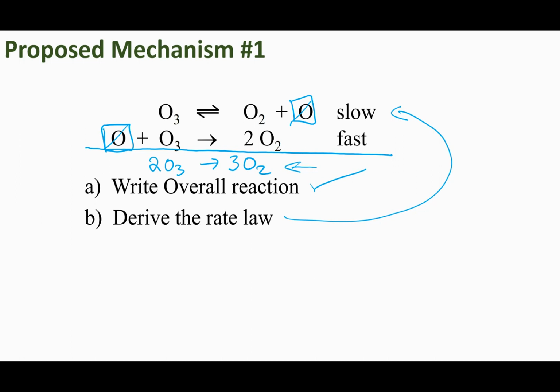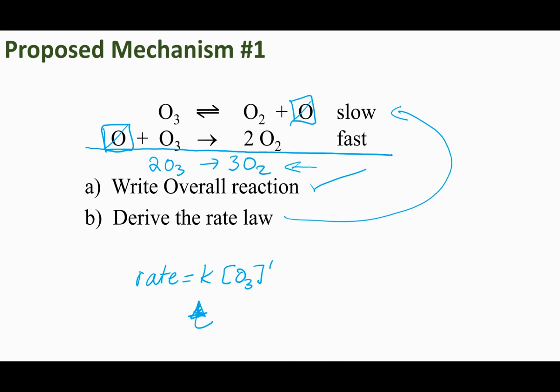And remember, because it's an elementary step, I can write the rate law for that particular reaction based on its molecularity. And that's going to be rate equals K times O3 to the first power. Now, based on this proposal, this would be the rate law for the overall reaction.